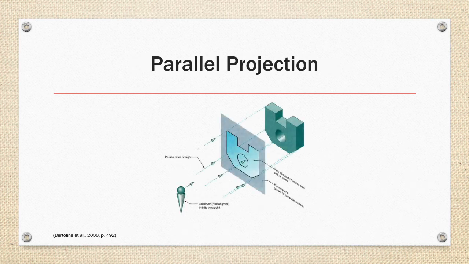Parallel projection represents graphically the actual size of an object. Parallel projection is the foundation for technical drafting and accurately describes the dimensions of an object to be made. Parallel projection is the technique that is focused on in this course.